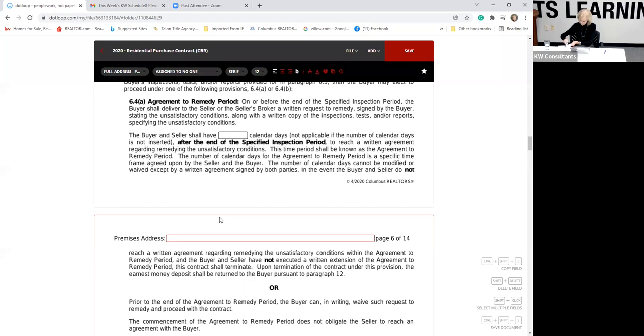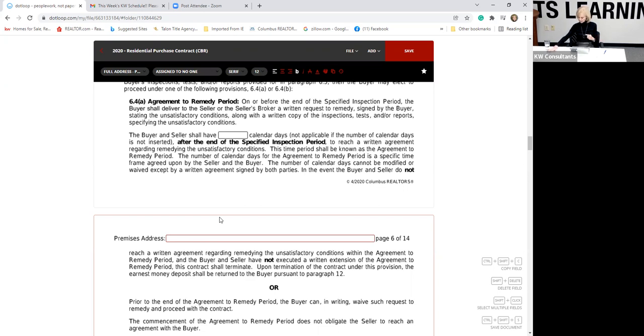If they're going to terminate the contract because of the inspection, there are 2 things you need to do. You need to do a termination of the contract, that form. And on that form, you would say paragraph number 4, inspections and tests, and that's why you're getting out of it.